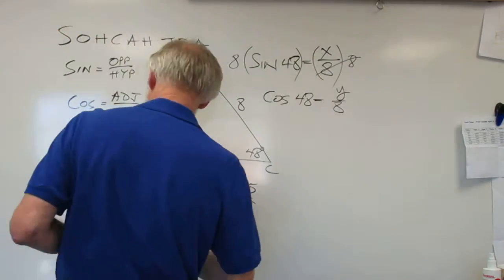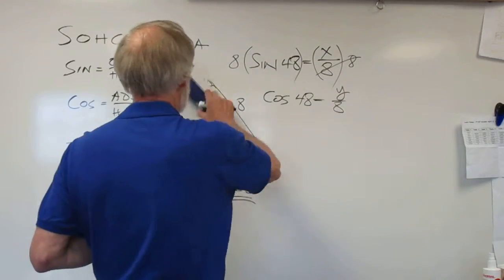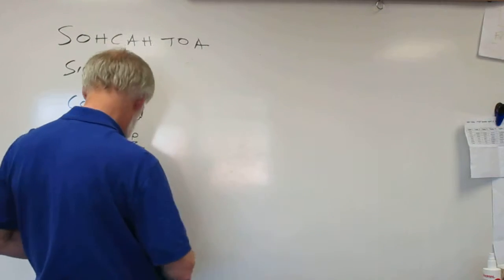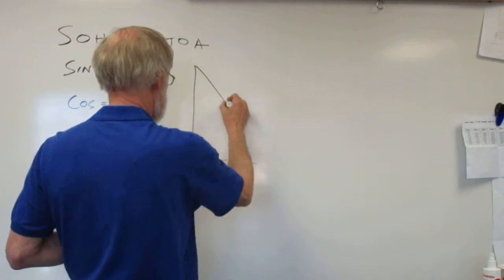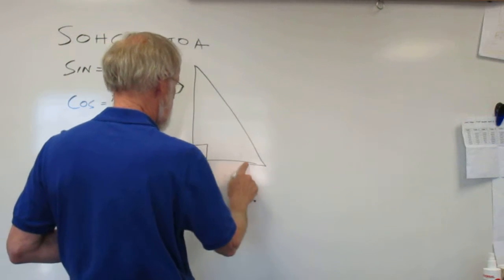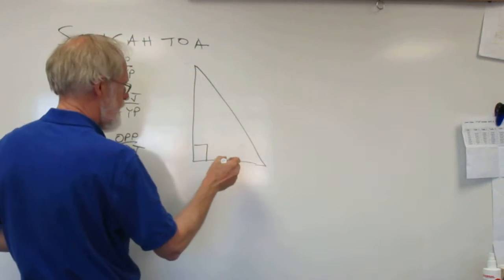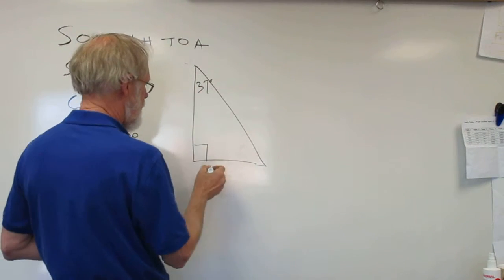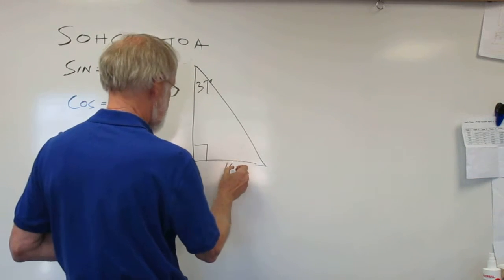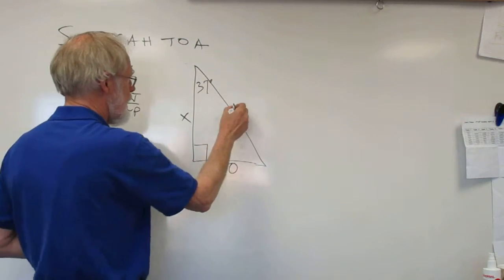All right, now let's take another case. We'll do three cases here, but the second one I want to do is this. If you have a triangle in which you are not given the hypotenuse, let's make this angle 37 degrees, and we're going to make this side 10, and we'll call this x and this y.